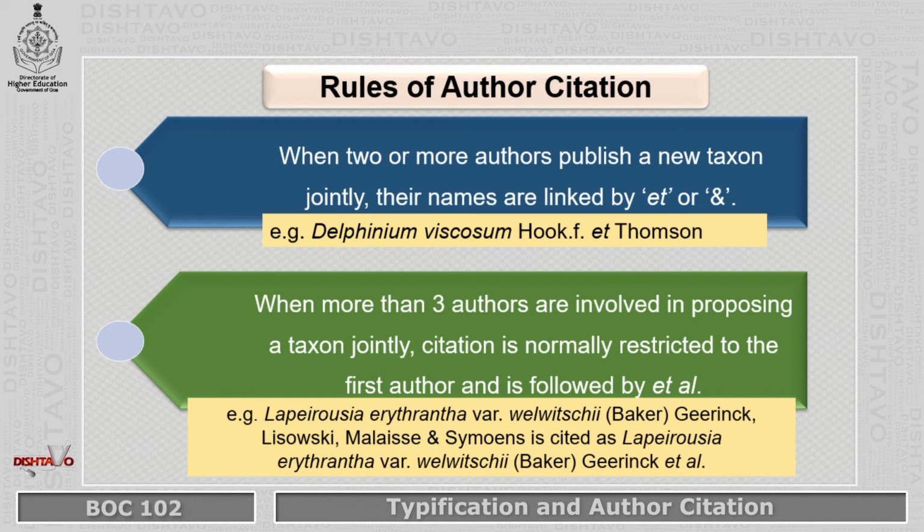The next rule is when three or more authors are involved in proposing a taxon jointly, the citation is normally restricted to the first author followed by et al. As you can see in this example, there are four authors to the scientific name. So it has to be cited by writing only the first author followed by et al.